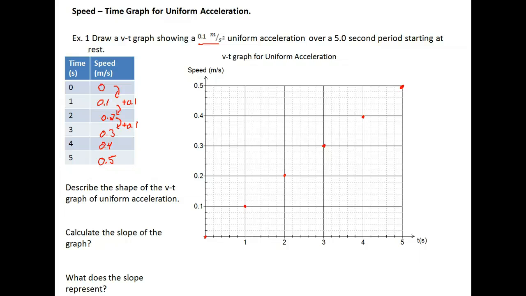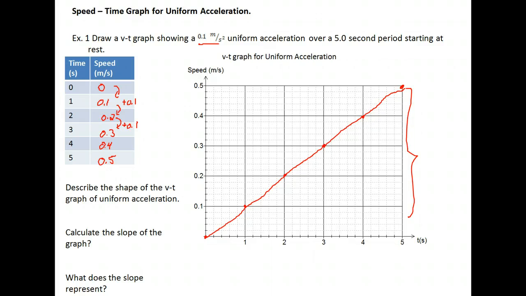And by looking at this, we know we're going to get a straight line with a constant slope. So the slope has stayed the same throughout the motion of the entire graph. We're asked to calculate the slope of this graph, so the rise over the run.